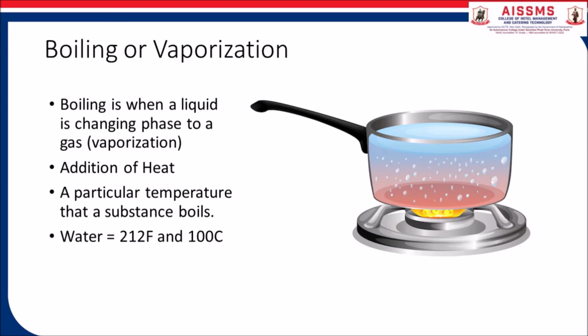The pores of the earthen pot, just like the pores of cotton cloth, provide a larger surface area for more evaporation. Boiling is the process when a liquid changes phase to a gas due to the application of heat.